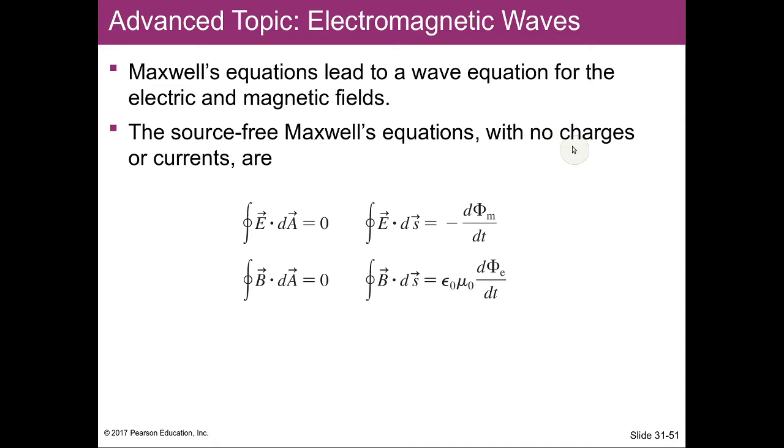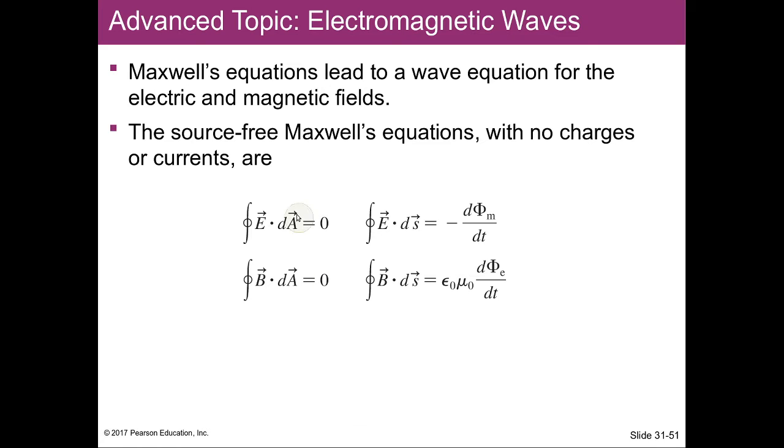But if we limit ourselves to a region of empty space, empty of any charges that can cause an electric field and empty of any charges that can make a current flow, then Maxwell's equations take on this simple structure that now really looks very symmetric between electric and magnetic fields.